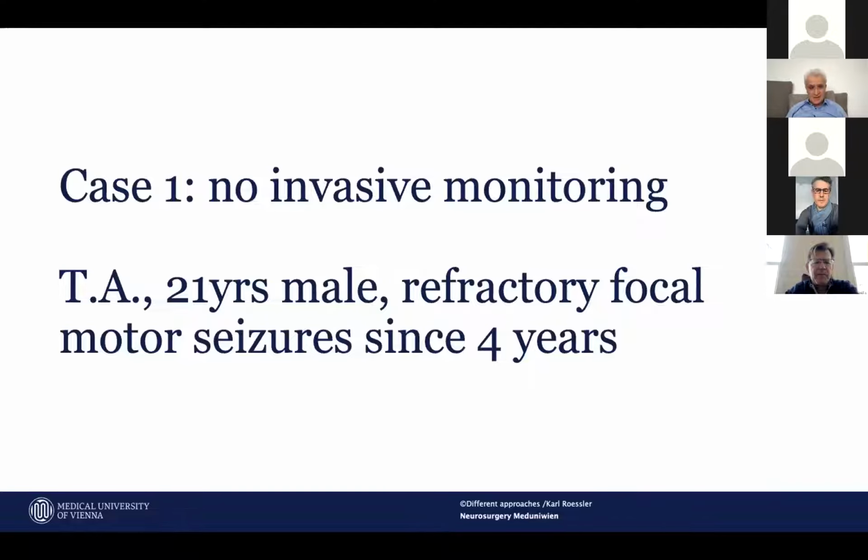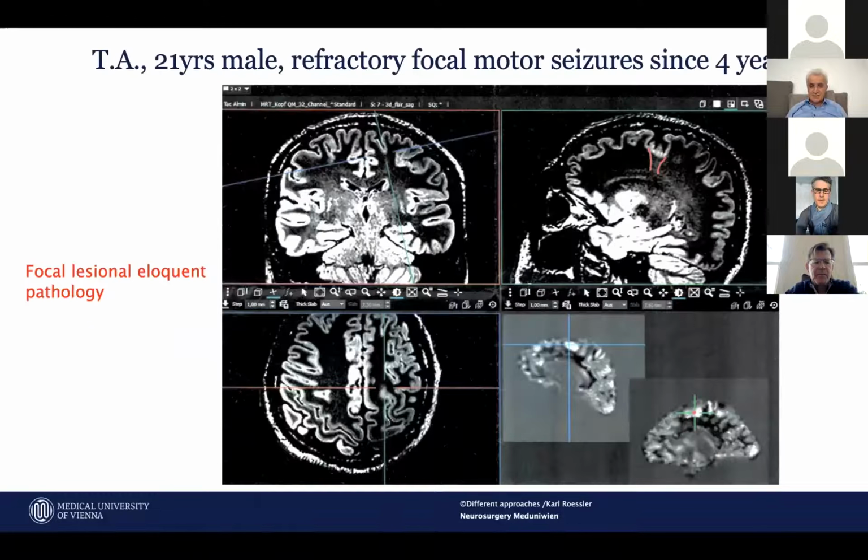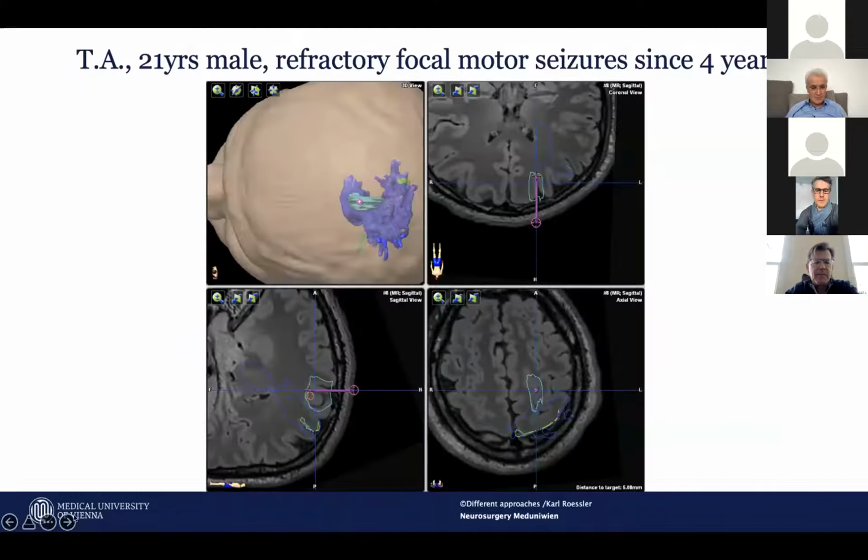The first case I wanted to show is a case where we normally don't use invasive monitoring. It is the case of a 20-year-old male who had refractory focal motor seizures for 4 years, and we could see this suspicious focal cortical dysplasia in the premotor, in the precentral area, and this blurring of the sulcus in the depths, and also this brightening in the voxel-based morphometry.